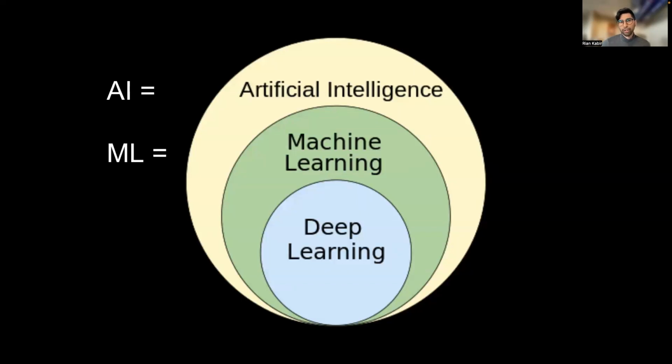Within artificial intelligence is a smaller field called machine learning. This is where we see more of the sophisticated methods that are being used in some of the technologies that we see today. Even deeper within machine learning is the field of deep learning. This is where we see very complex neural networks. I'm sure many of you are familiar with ChatGPT. They used deep learning techniques to create ChatGPT as a system.